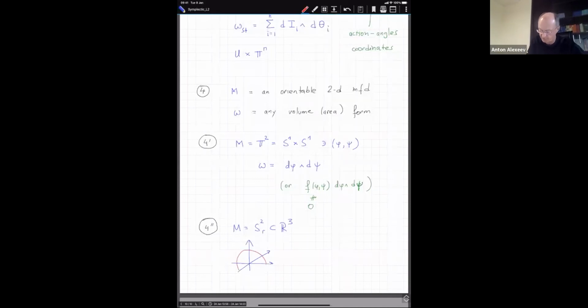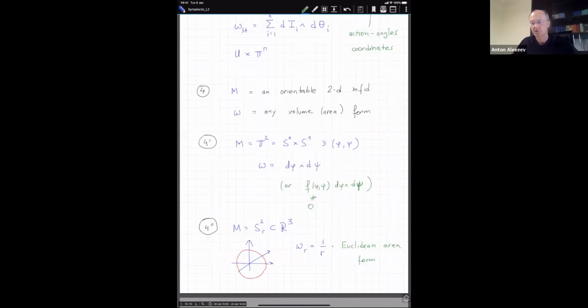So it's a two-sphere of radius R. And for symplectic reasons or for historic reasons, we usually take omega R to be 1 over R times the Euclidean area form. But of course, this is just a convention.